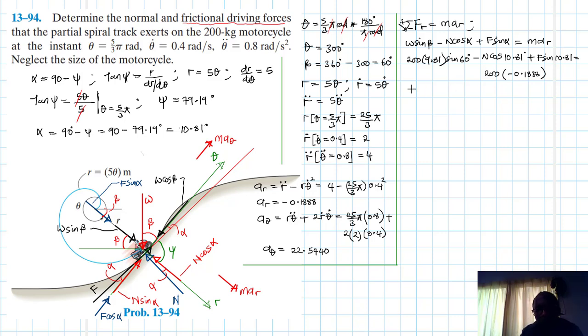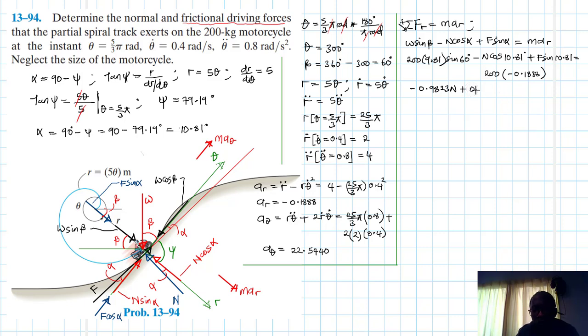So this just becomes minus 0.9823 N. Sorry, this is minus, this is minus N. Let me check N. Of course it's minus, and I have plus F. F is positive, so that is sine 10.81.